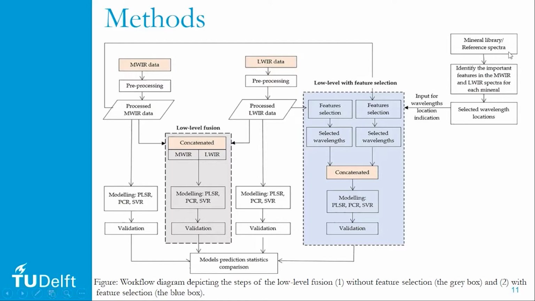Instead, mineral library or reference spectra were used to identify the wavelength location of the spectral features corresponding to the functional groups of the target minerals. So for this approach, the hypothesis is that variables that correspond to the main spectral features are the most informative or important for the prediction of mineral concentrations.